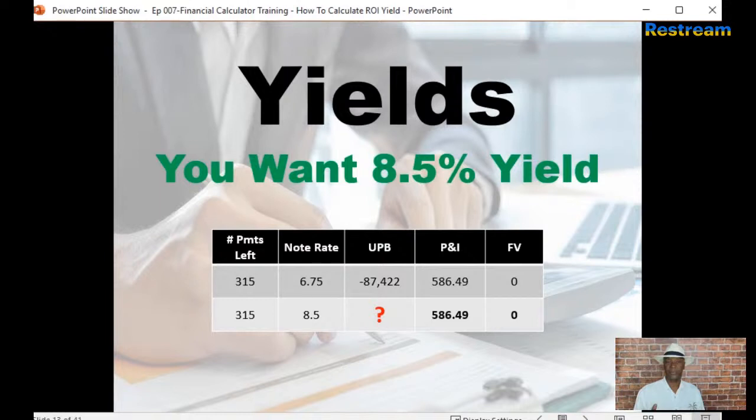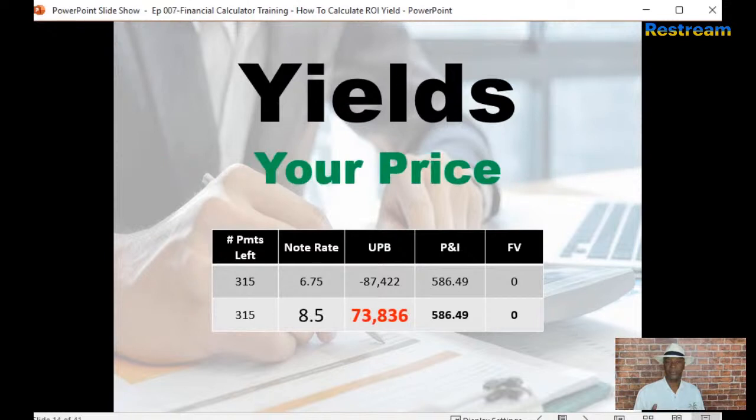Well, there are 315 monthly payments left. The monthly payments are $586.49 each month. So if I want to buy 315 payments of $586.49 and I want to earn 8.5, what would I pay for that note? Well, this calculator will tell you, right?